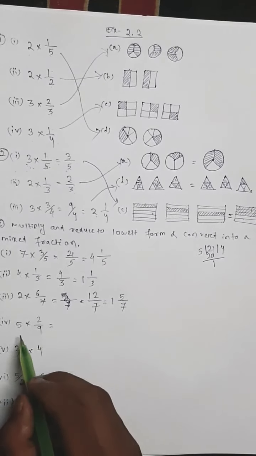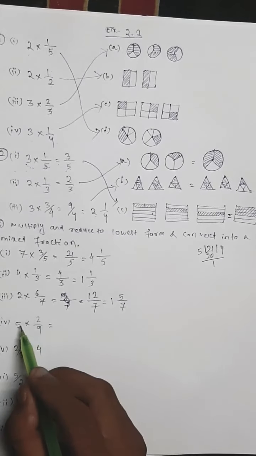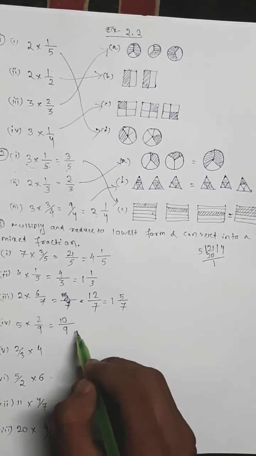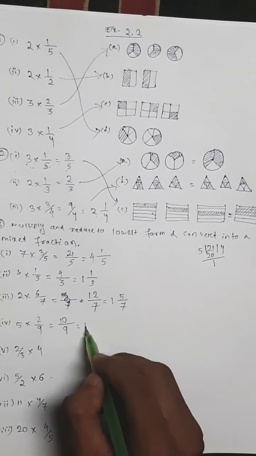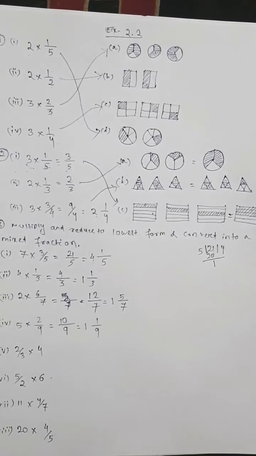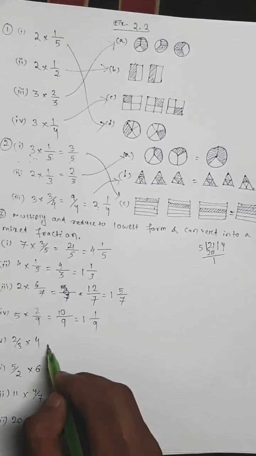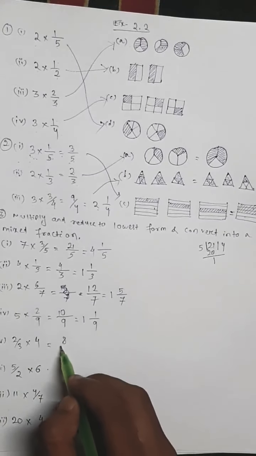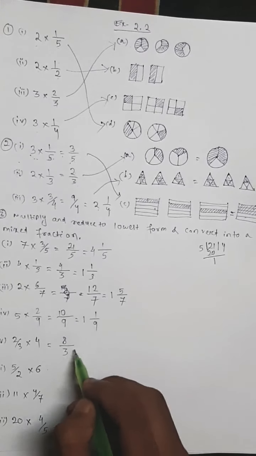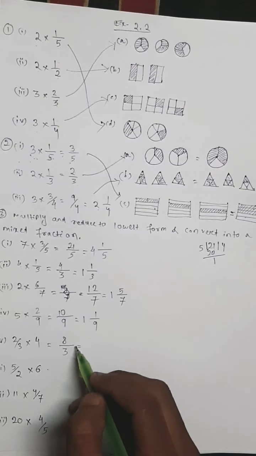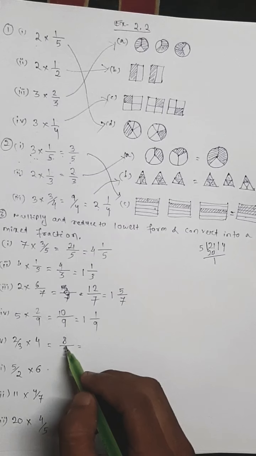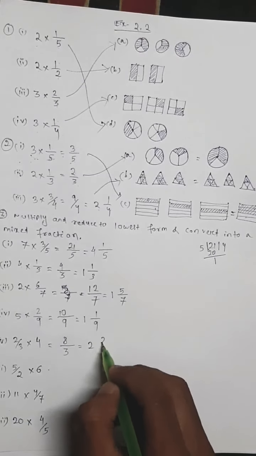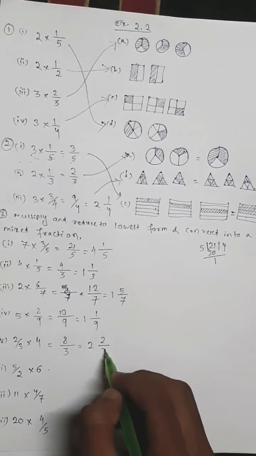Then the next one, 5 into 2 upon 9, 5 2s are 10, denominator will be 9, and your answer should be 1 whole 1 upon 9. Then the next one, 2 4s are 8 upon 3, and when it is converted into mixed fraction, it will become 2 whole 2 upon 3.